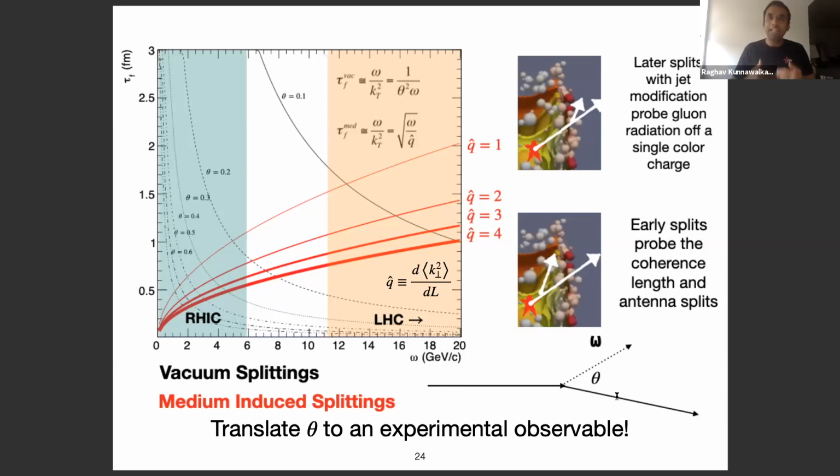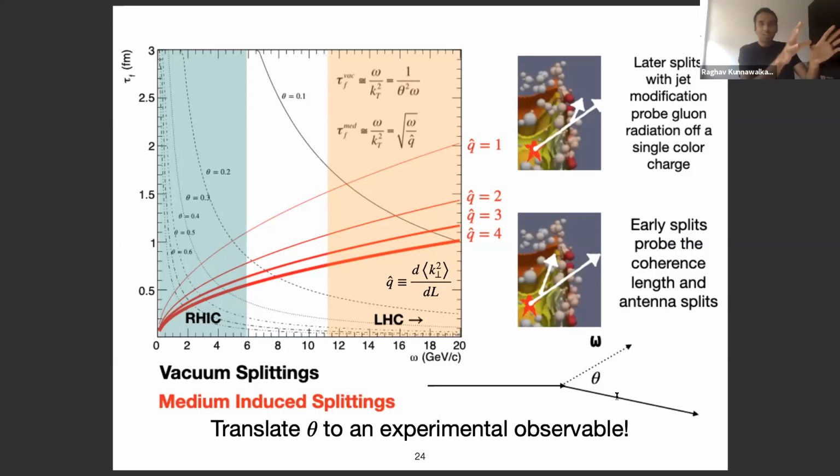Now, if you look at medium-induced radiation, there is this parameter q-hat that's telling you how much energy you've lost as you travel a distance through the plasma. So for different values of q-hat, you can have different medium-induced radiation. So if you just assume that the medium-induced radiation is proportional to the energy, but inversely proportional to q-hat to the power 1/2, you get these red curves for different values of q-hat, right?